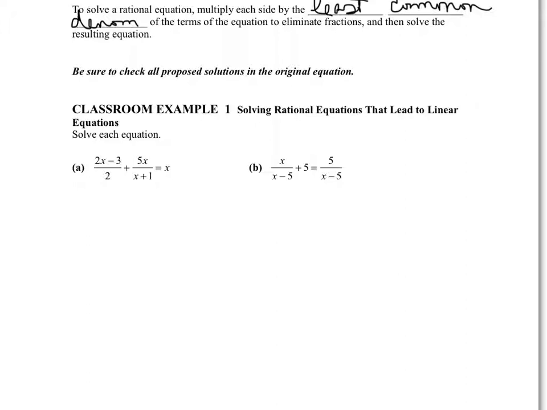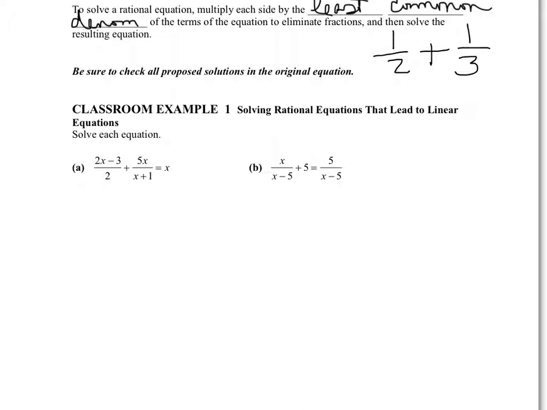For example, if I had the fraction 1/2 and I wanted to add the fraction 1/3 to it, what I would look at first is to see, do those denominators match? Because if they do, I already have a common denominator, and that is my LCD. Obviously, these do not match.